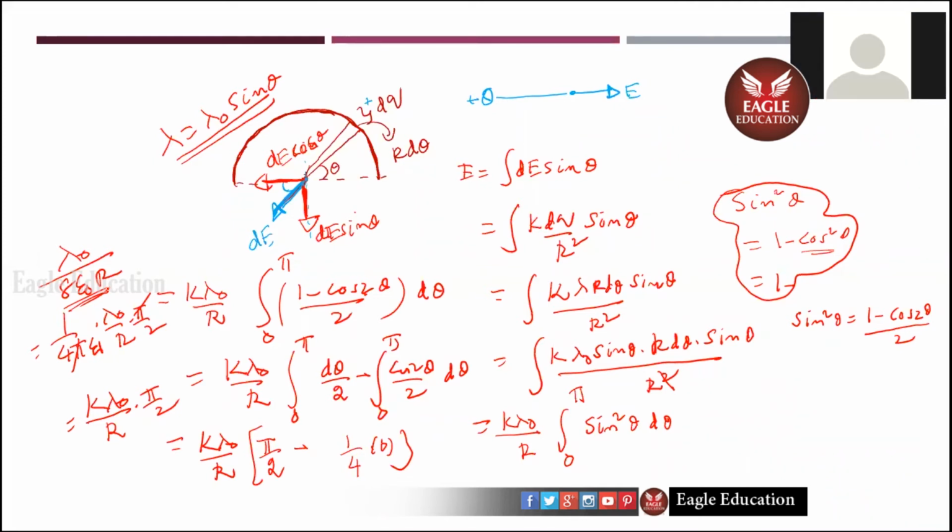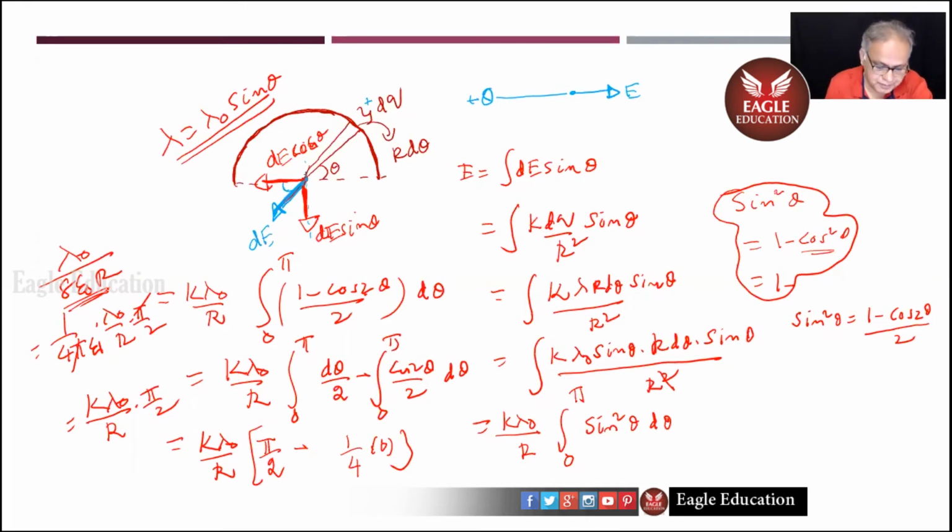No, sir, it is not 0. Abhinav, it's not 0. We are getting the same answer, sir. Same answer. Let us check. Lambda naught by 8 epsilon naught r.